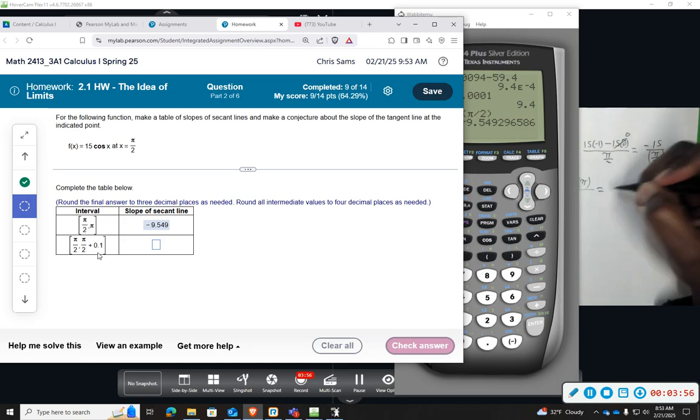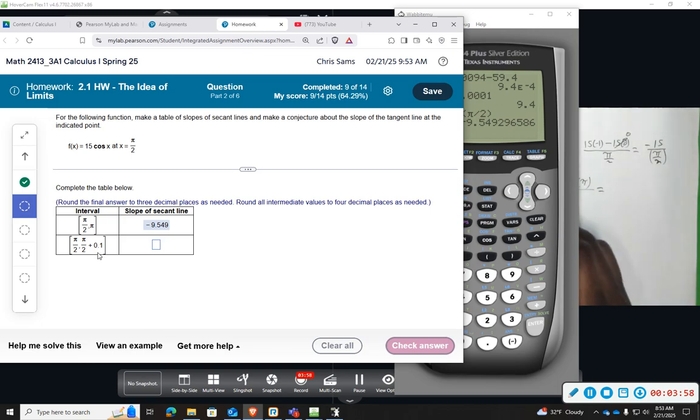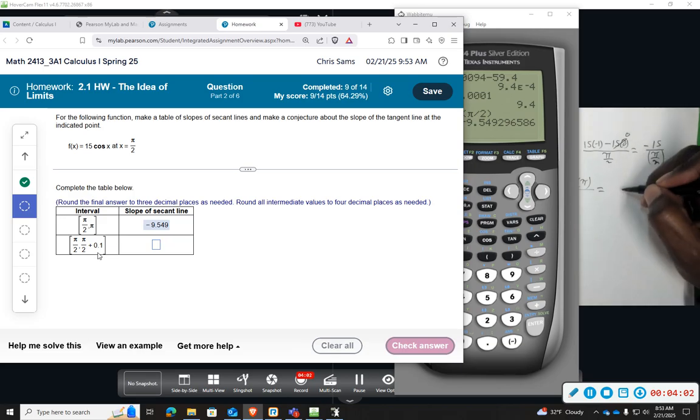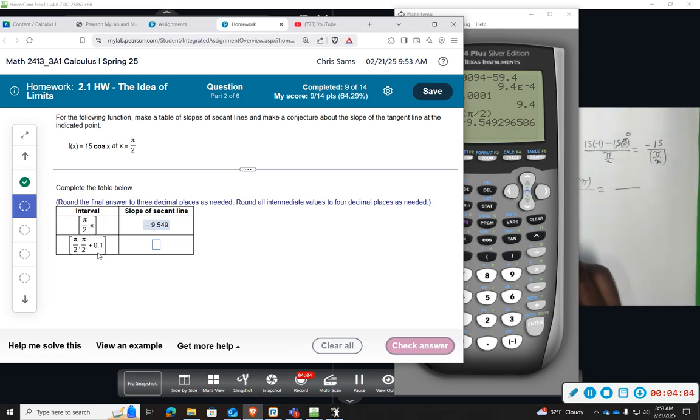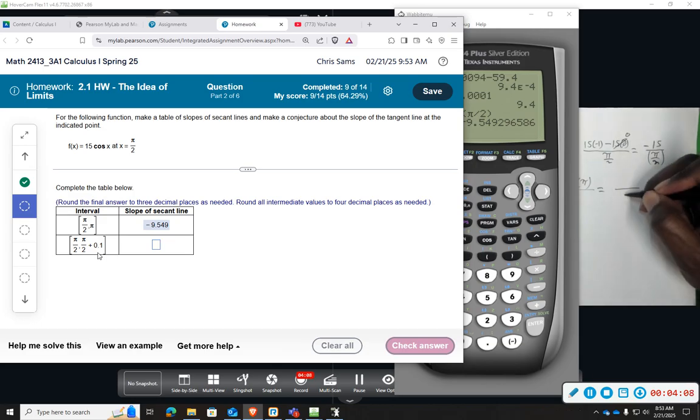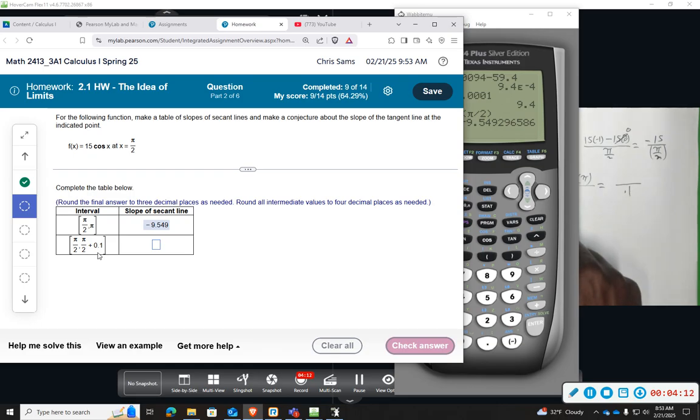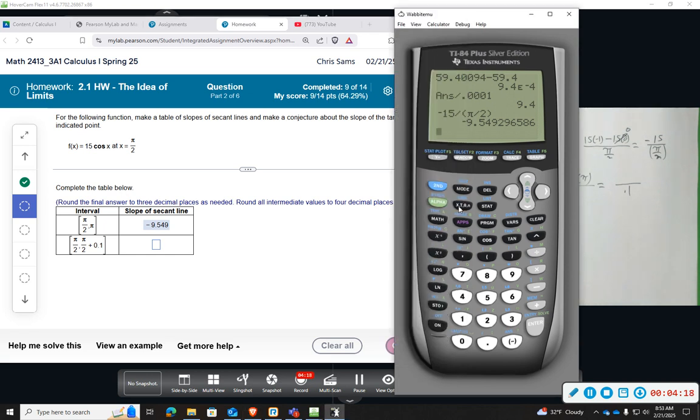So the end result is I'll compute this first number. The subtracted term is 0, which is just going to go away, and the difference in the denominator will just be 0.1. So I'm going to start using technology to compute this value, and then we'll divide it to speed up the process. It's just going to be repetitive here.